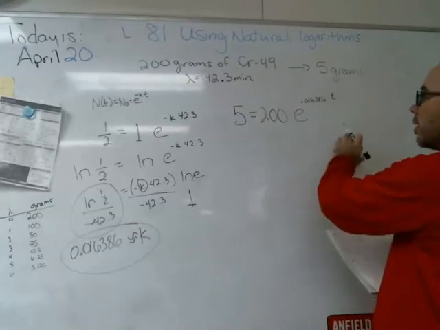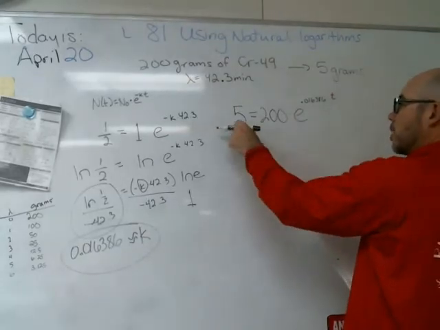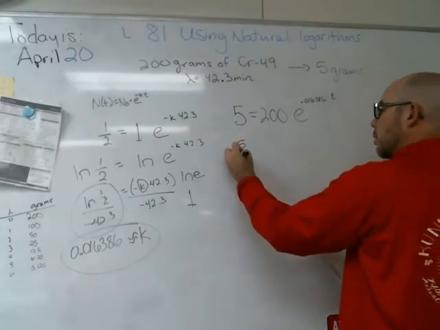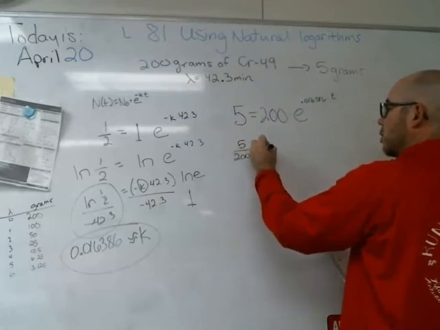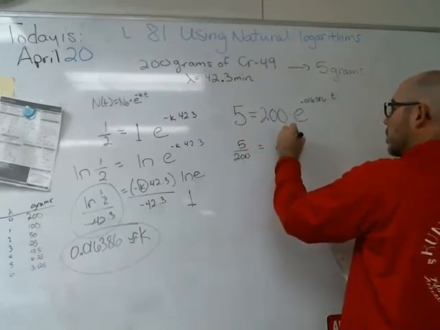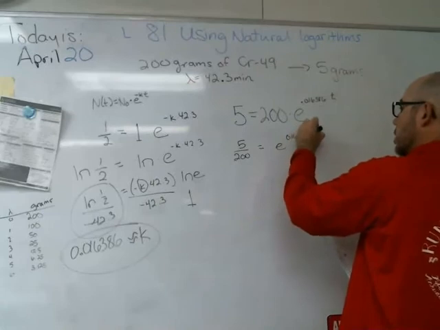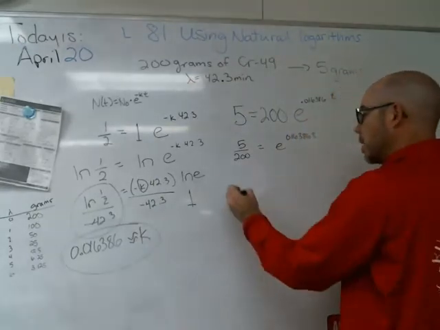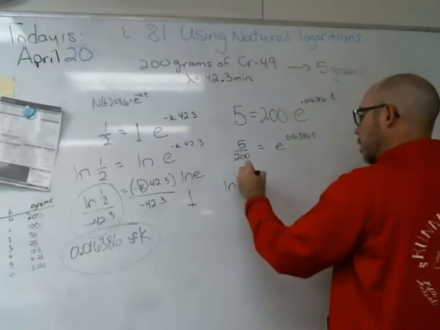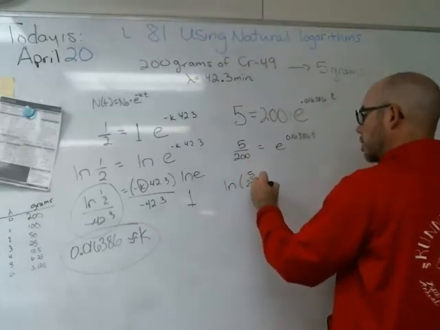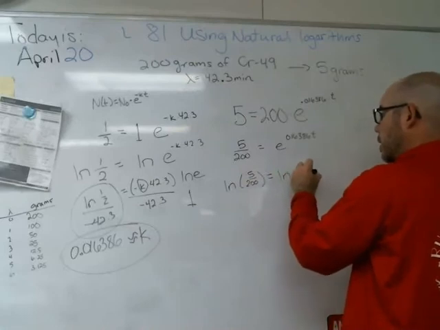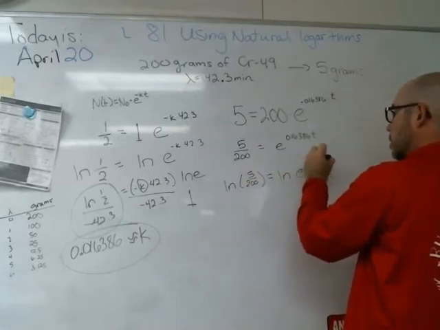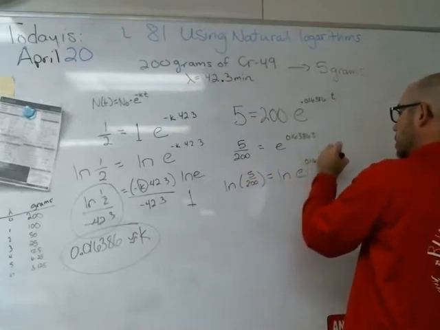Now I need to solve for t. Easiest way to start this off is to divide both sides by 200. That'll get the ball rolling. 5 over 200 equals e to the 0.016386, etc. times t. I'm going to take the natural log of both sides. ln of whatever that is equals ln of e to the 0.016386 t.